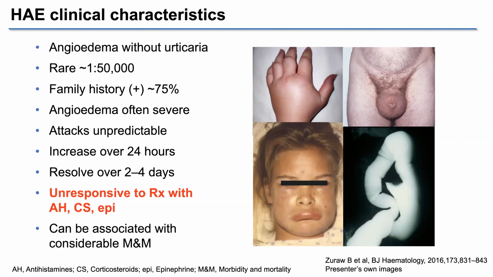And that's one of the clues we use when we interview these patients, along with the family history and the location of the attacks. The common ones are shown on this slide. But maybe most importantly, we focus on the response to standard therapy, meaning antihistamines, steroids, and epinephrine.